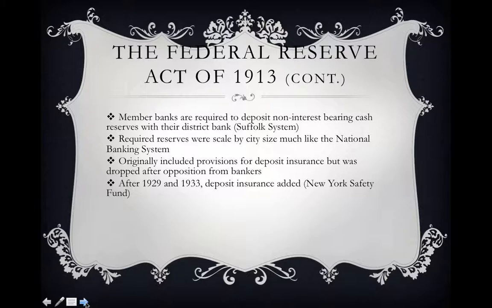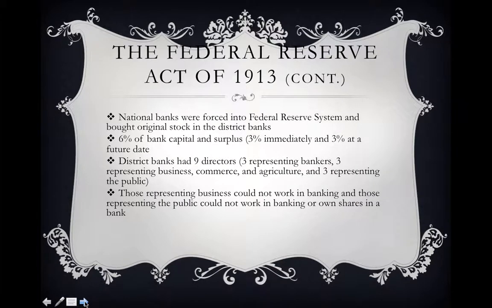Reserves were scaled by the size of the city, much like the national banking system. All right. There was originally provisions for deposit insurance, but the bankers themselves opposed this, so this was initially dropped. And after 1929 and 33, deposit insurance was added, very much like the New York Safety Fund that we talked about previously.